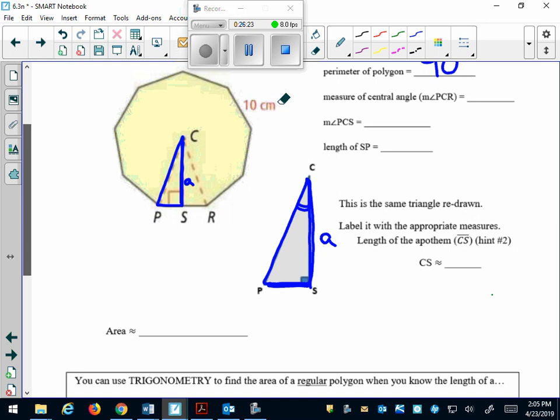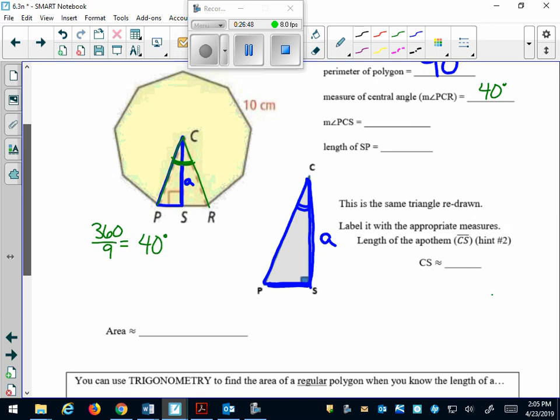If there are 9 central angles, how are we going to get the measure of one of them? Yep, 360 divided by 9 gets you the measure of one central angle, which is 40 degrees. That is what we have right here.